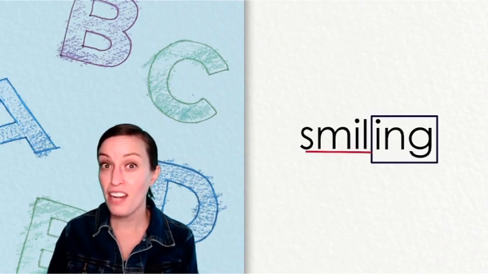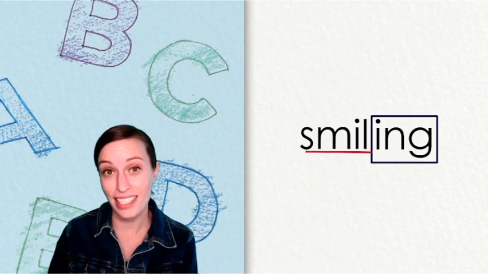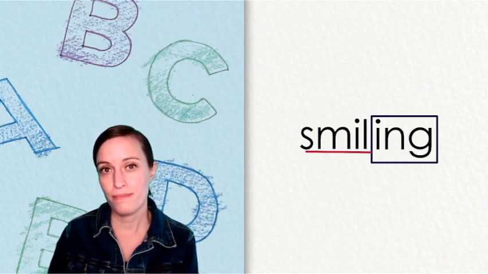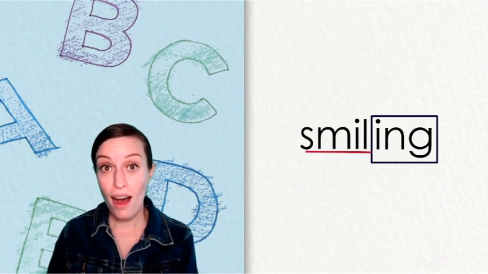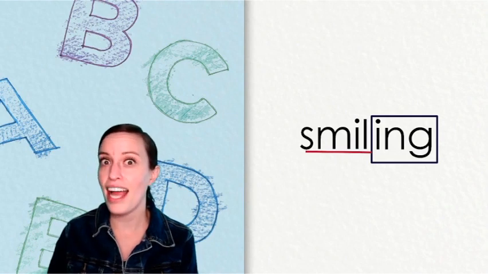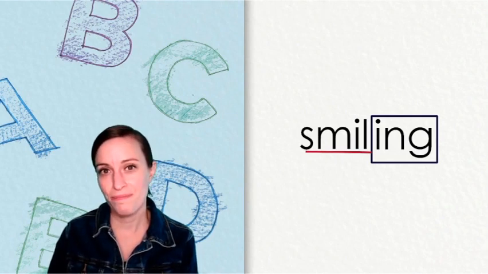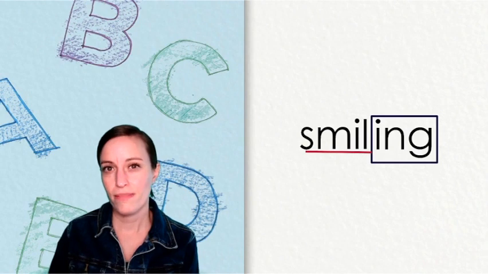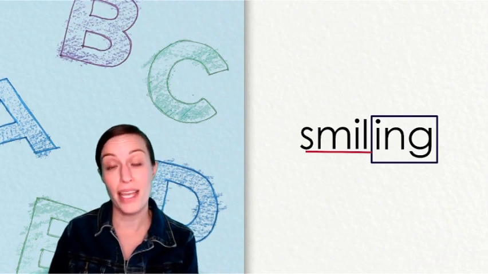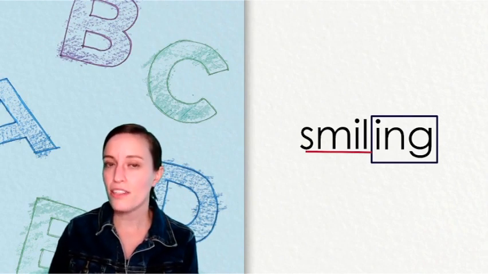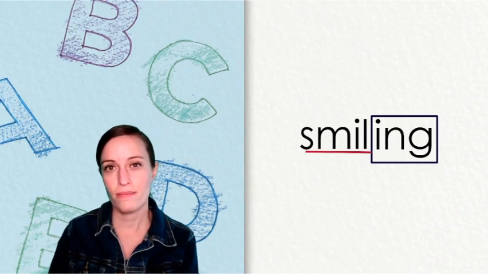Take a moment and write the word smiling on your paper. Put a box around the suffix ing. You can also underline the base word so that it's easier to notice the change.